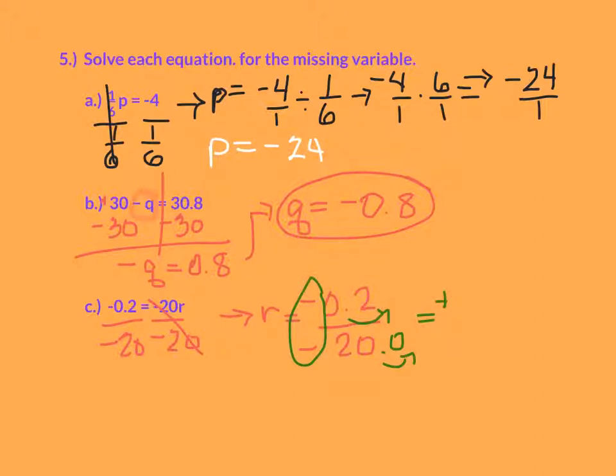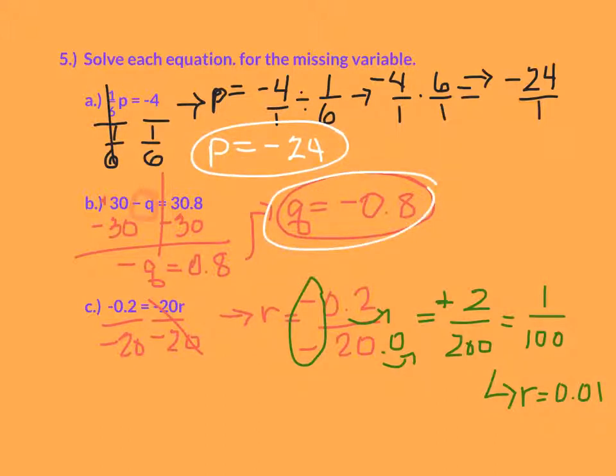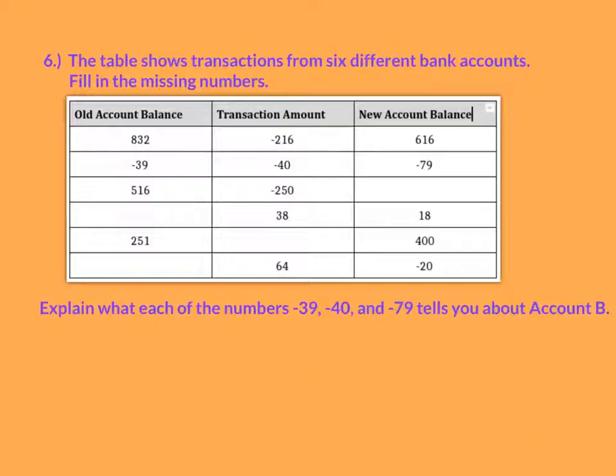So I'm going to end up with positive 2 over 200, which I know will reduce to, because 2 goes into both of them, 1 over 100, or 1/100th. And if you were more comfortable having that as a decimal because it started as a decimal, I would have R equals 0.01, or 1/100th. So there we go. We've got all of these. There's A, B, and C. Next.